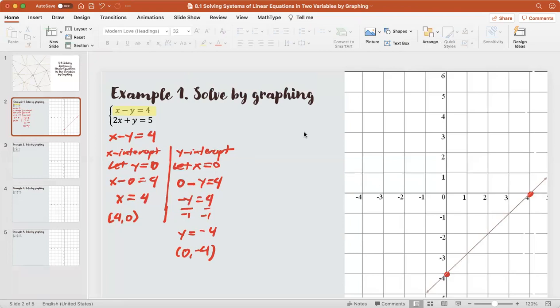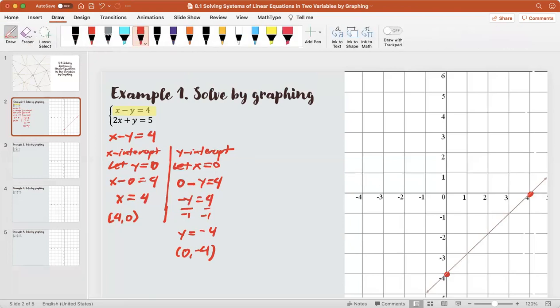Now let's have 2x plus y. Let's also graph 2x plus y in the same Cartesian plane. And let's see how we can read the solutions out of the graphs. In this case, we're graphing 2x plus y equals 5.